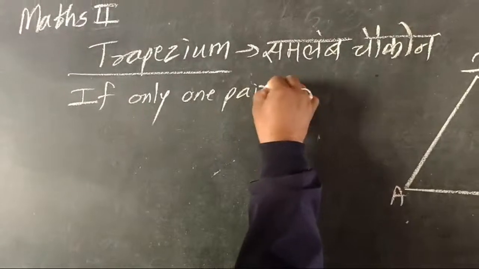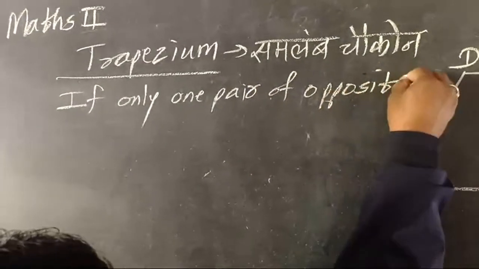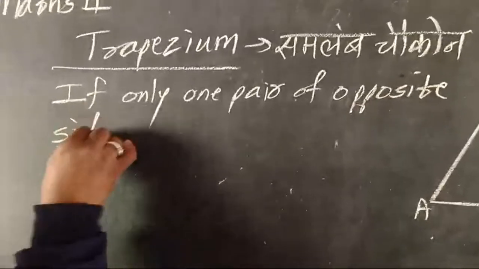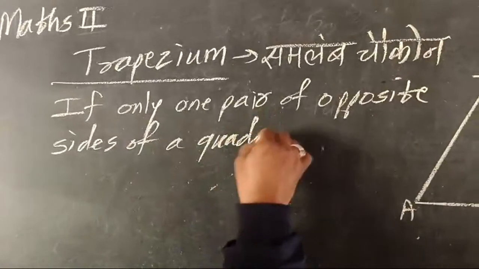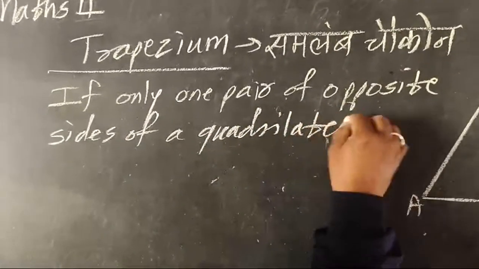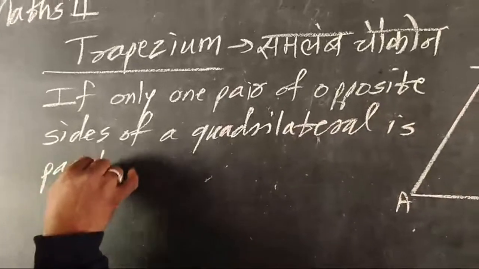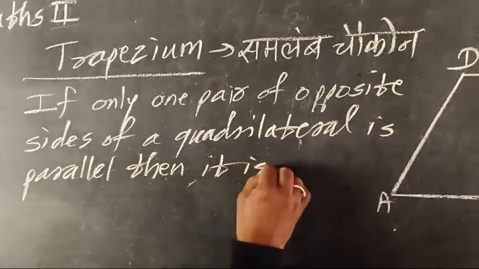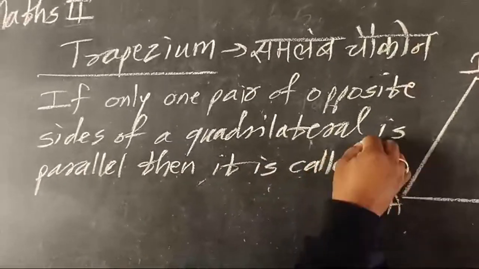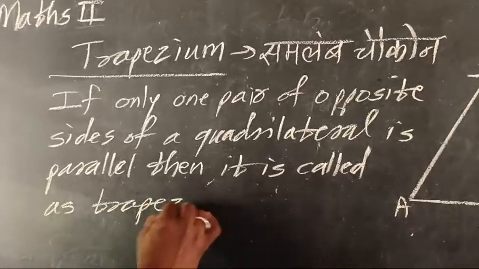Only one pair of opposite sides of a quadrilateral is parallel, then it is called a trapezium.